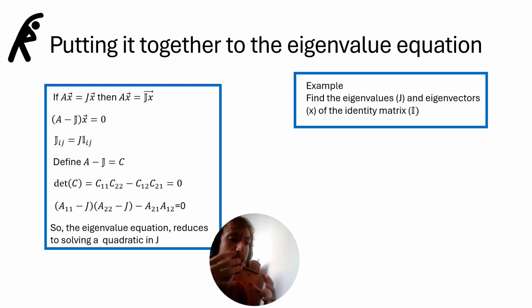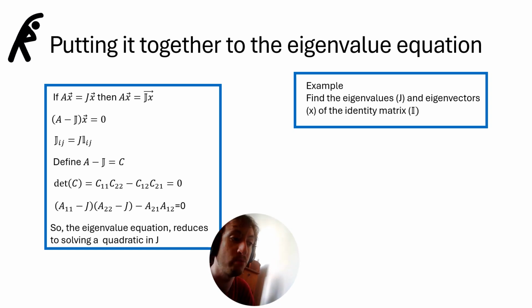However, I would like to go through an example, because solving quadratics might be unfamiliar, and also thinking of the eigenvalue equations reducing down to a quadratic and solving the quadratic actually tells us a lot about the matrix we're trying to find the eigenvalues or eigenvectors of.